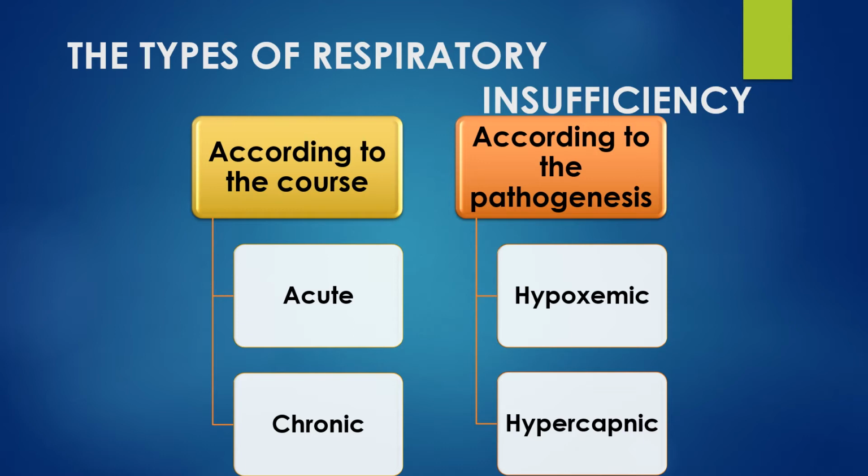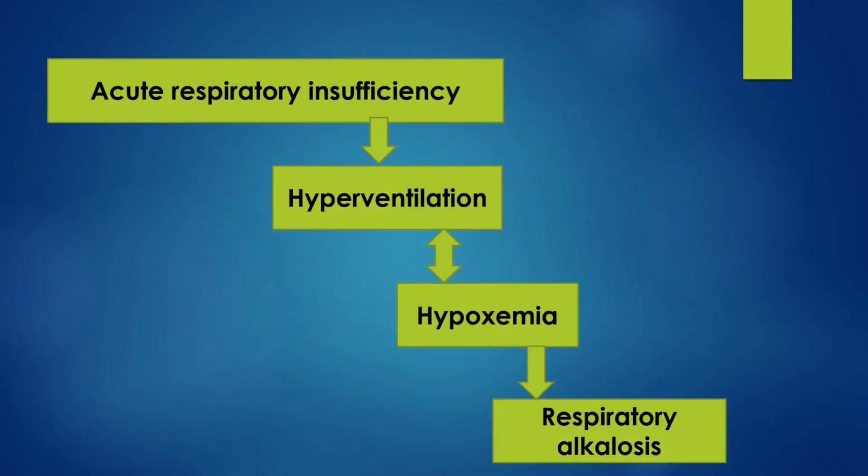It should be noted that both of them, hypoxemia and hypercapnia, in chronic lung diseases with a long course, develop to a large extent. Hypoxemia and hypercapnia are clinically manifested as dyspnea and cyanosis. In acute respiratory failure, the gas composition of the blood changes rapidly within a few hours or days, and time for compensatory mechanisms is limited.